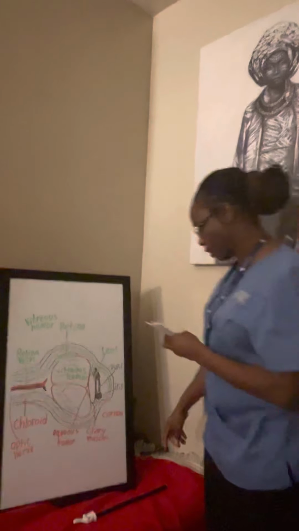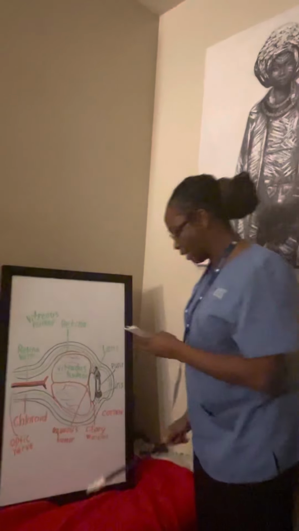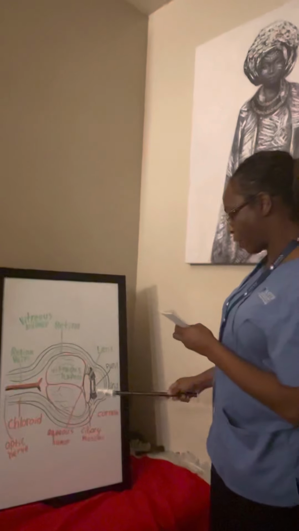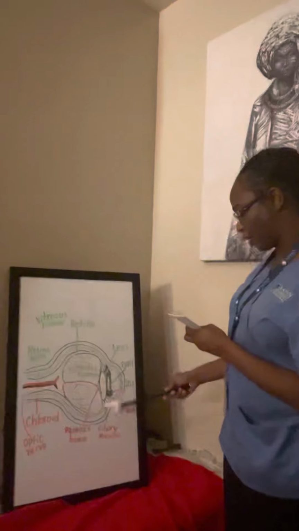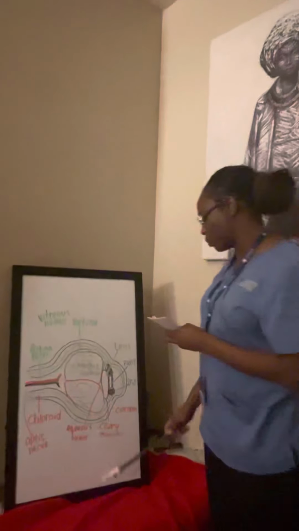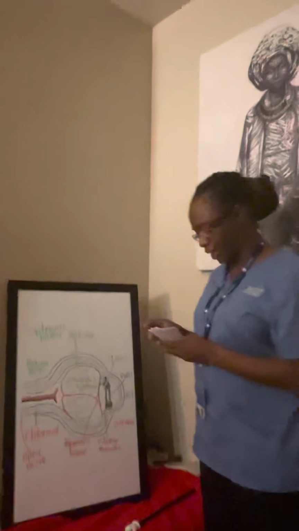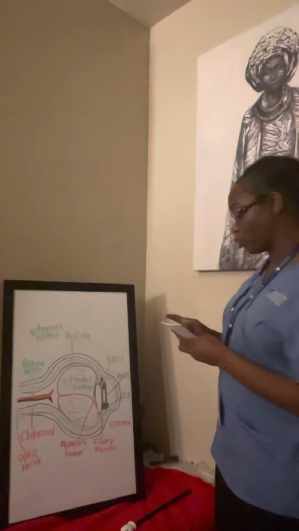However, in between the cornea, the outer part of the eye, and the lens, this is our lens right here, we're going to have the aqueous humor, which is a watery, very transparent liquid.